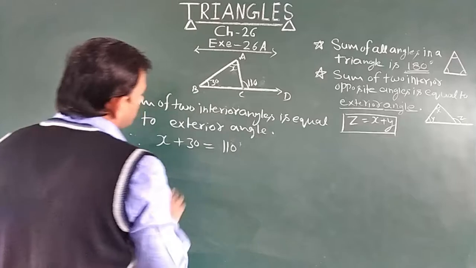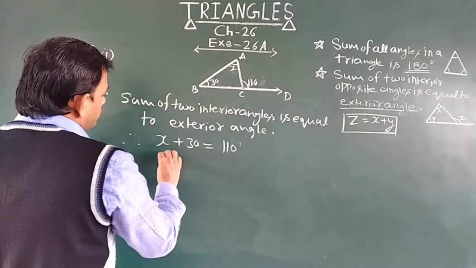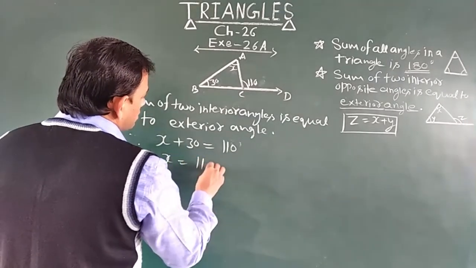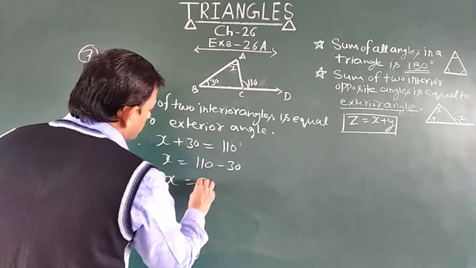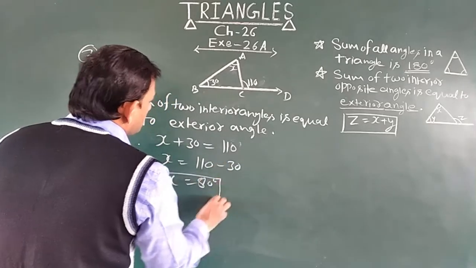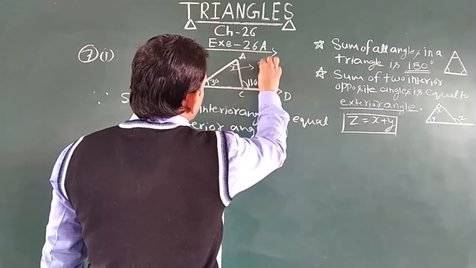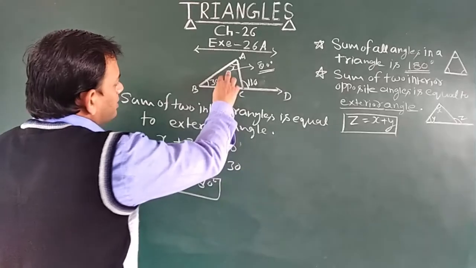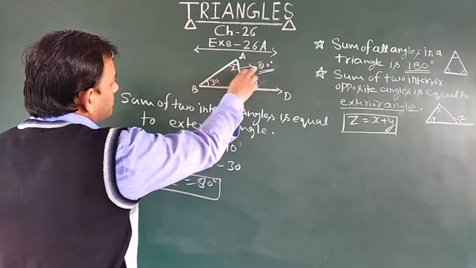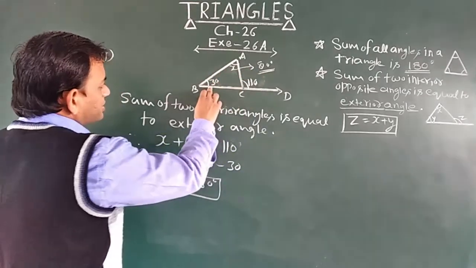Okay, x plus 30 will be 110. So x is equal to 110 minus 30, and x is equal to 80 degrees. So this angle will be 80 degrees. Got it? One of its interior angles will be 80 degrees and this is 30 degrees.